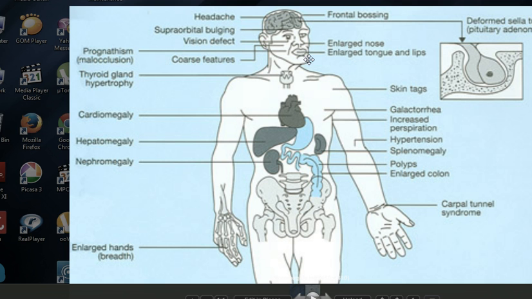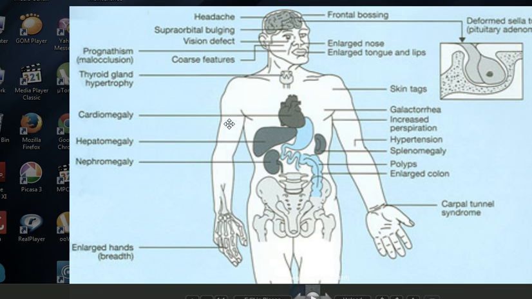dental separation, prognathism, enlarged ear. In the neck, skin tags, acanthosis nigricans, thyroid enlargement.